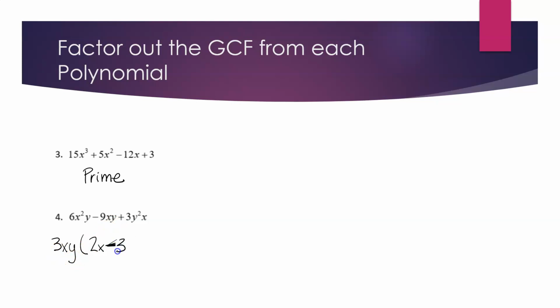And 3y squared x, which is weird because usually they should be in alphabetical order, would leave 1y, or just y. Let me rewrite this better: 3xy, quantity 2x minus 3 plus y. All right, that's it. This is something you've got to practice.